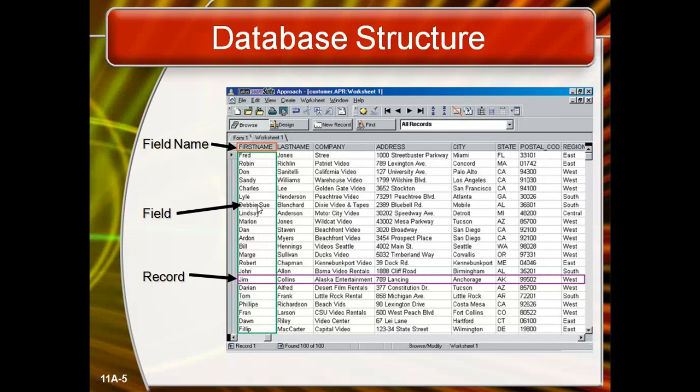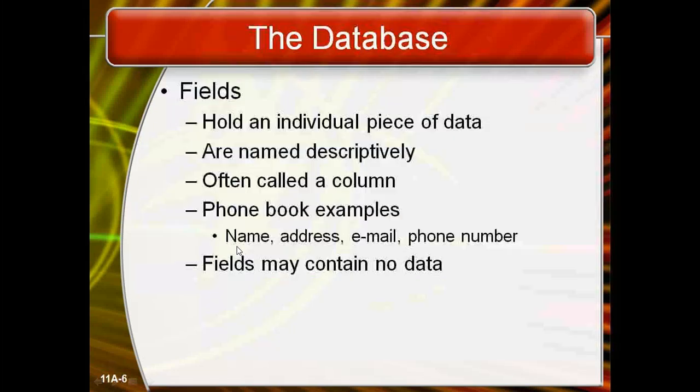Then we go ahead. A field holds an individual piece of data within a record, is named descriptively, and is often called a column. The record is based on a number of fields, and a field is within a column, so there can be multiple columns in a record.